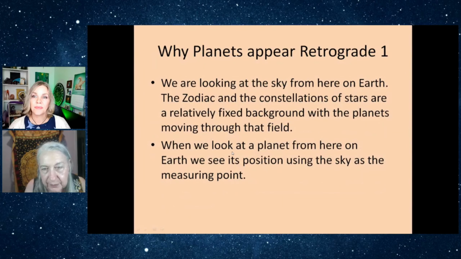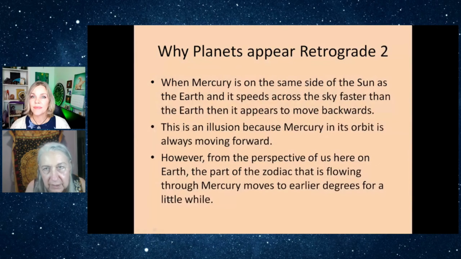When we look at a planet from here on Earth, we see its position using the sky as a measuring point, but it's more than a measuring point. It's the energy of that particular position in the zodiac, like coloring the planet. It's flowing through the planet. And so we experience the planet in relation to that particular degree of the zodiac.